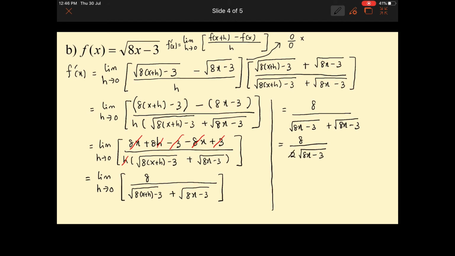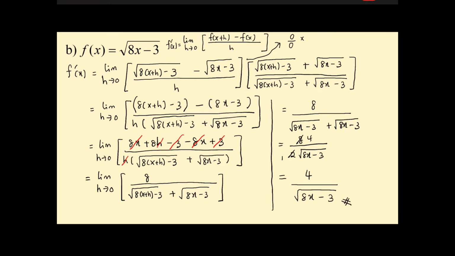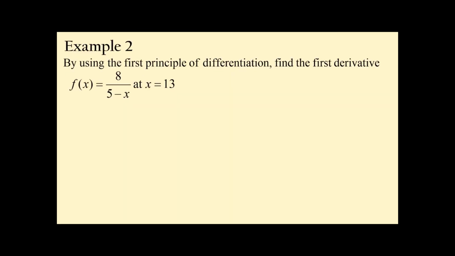So 8 divided by 2 of surd of 8x minus 3. This one also once again can be simplified, so our final answer will be 4 divided by surd of 8x minus 3. Now let's proceed to example 2.